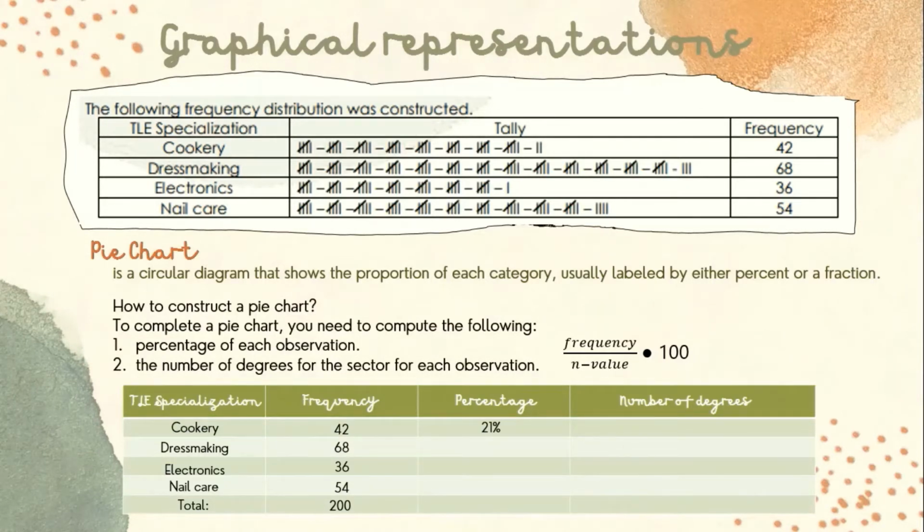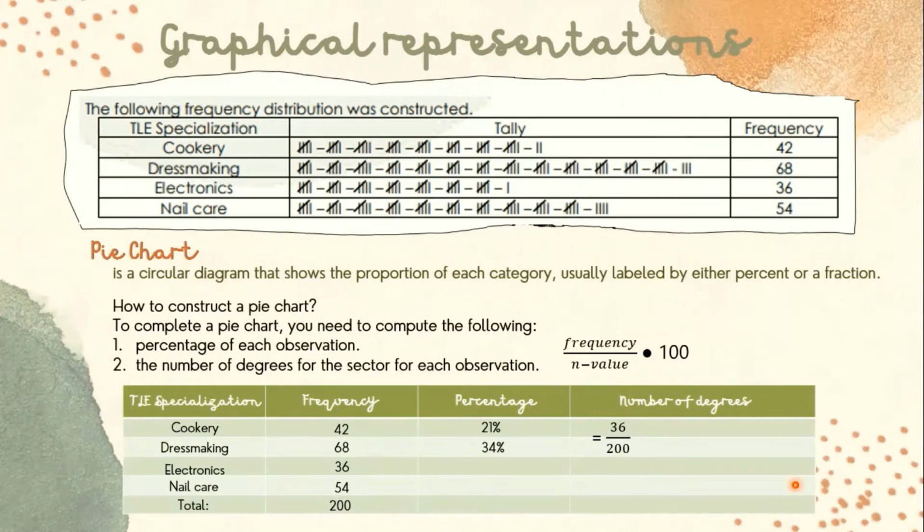Next, punta naman tayo sa dressmaking. Substitute ulit. 68 yung kanyang frequency over 200, which is the total number of frequency. 68 divided by 200 is 0.34 multiplied to 100, which is 34%. Next, punta naman tayo sa electronics.